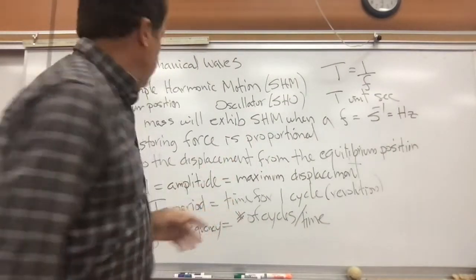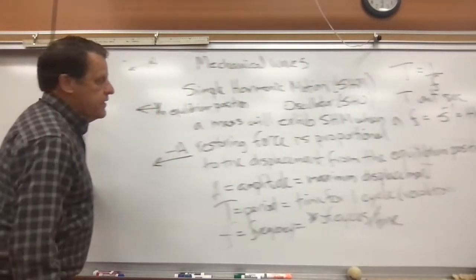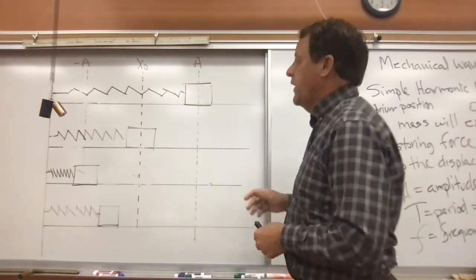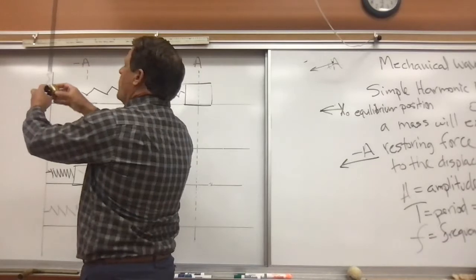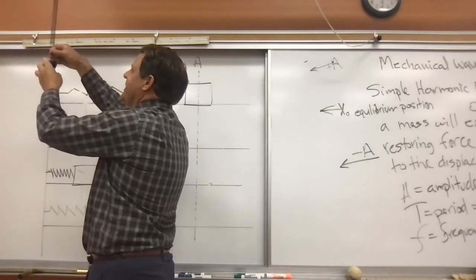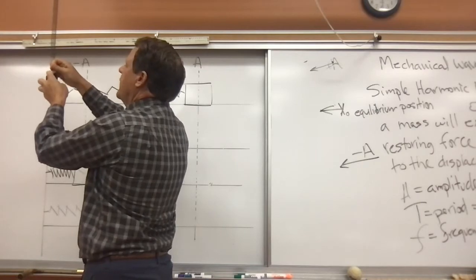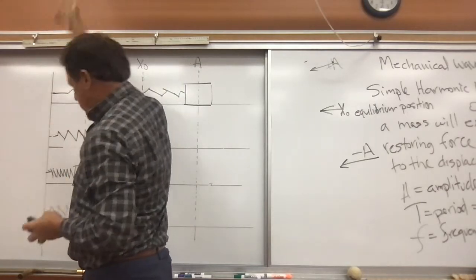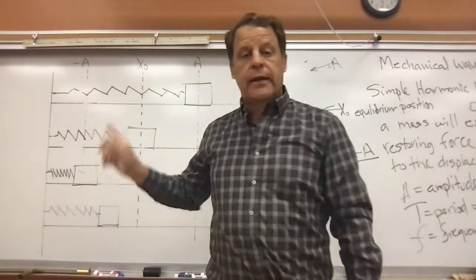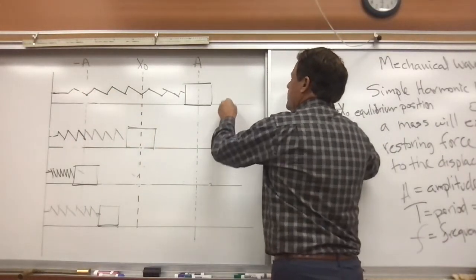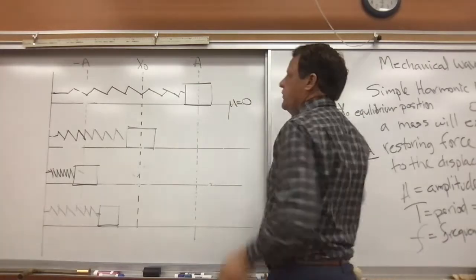Okay, now I have a drawing here that is going to show us this vibration, but we're going to visualize this as something that is going left and right on a frictionless surface. So we'll say the coefficient of friction is 0.